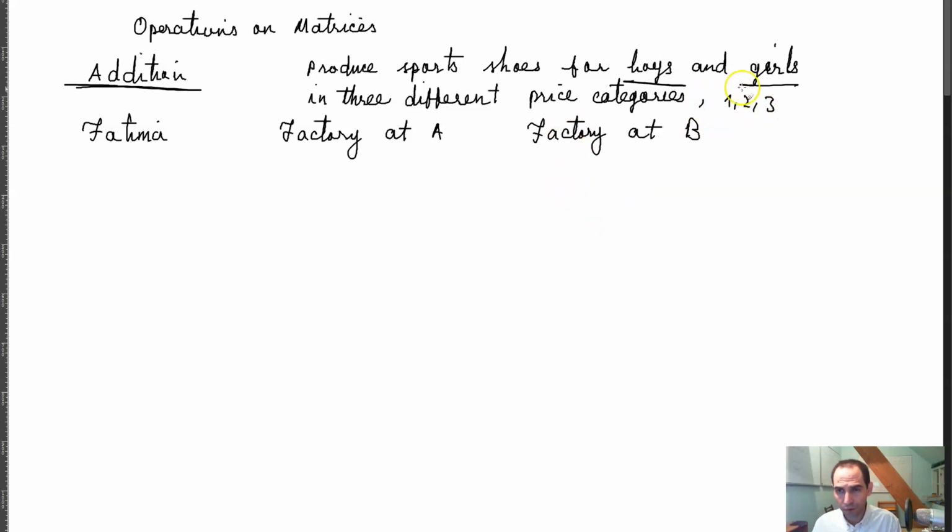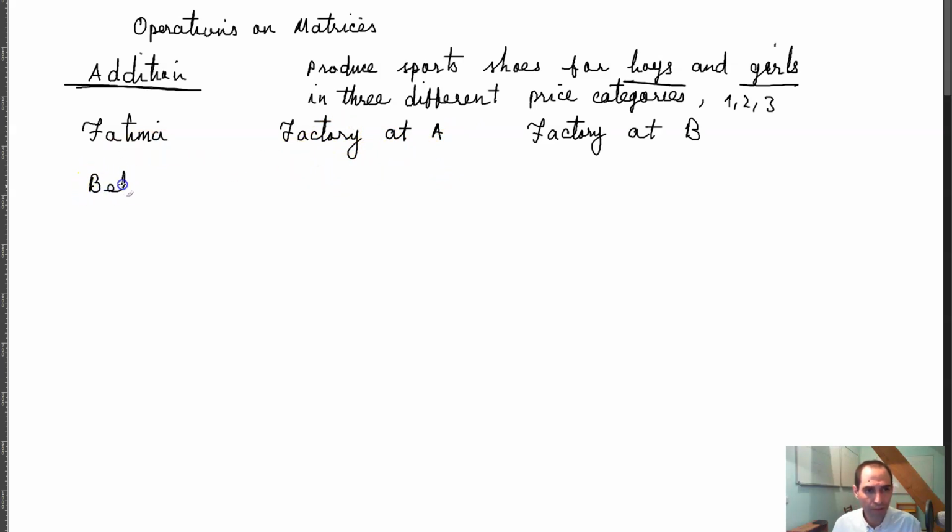So there is the price category 1, then there is the price category 2, and there is the price category 3. Now, the quantities produced by each factory are represented as the matrices below.